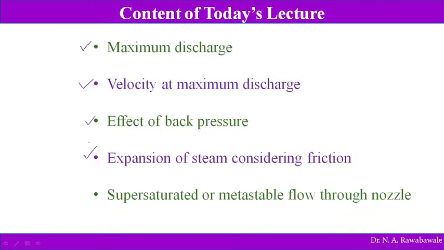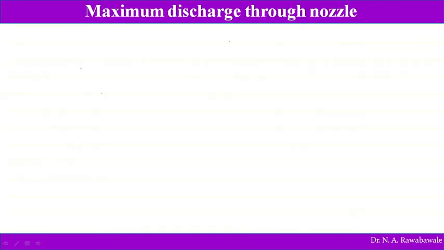Today we are going to discuss maximum discharge through the nozzle. In the previous class we obtained the condition for maximum discharge as P2 divided by P1 is equal to (2 divided by n plus 1) whole to the power n divided by n minus 1.